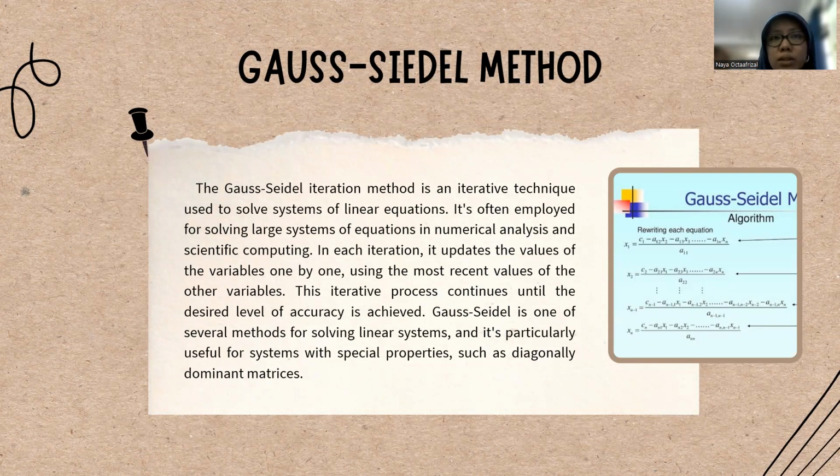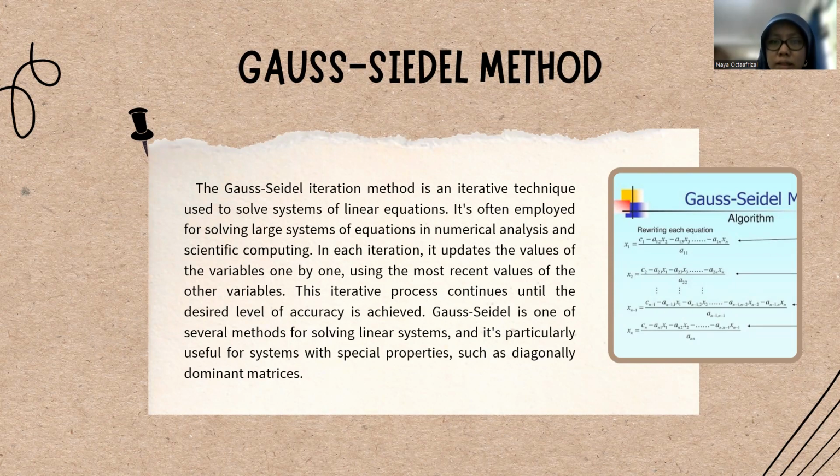And last but not least is the Gauss-Seidel method. The Gauss-Seidel iteration method is an iterative technique used to solve systems of linear equations. It's often employed for solving large systems of equations in numerical analysis and scientific computing. In each iteration, it updates the value of the variables one by one, using the most recent values of the other variables.